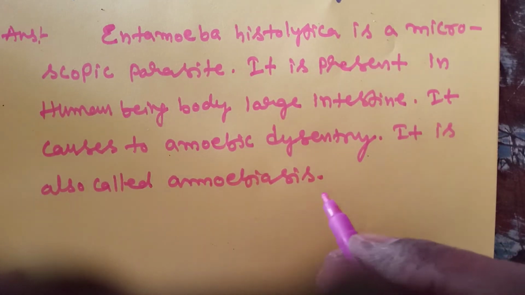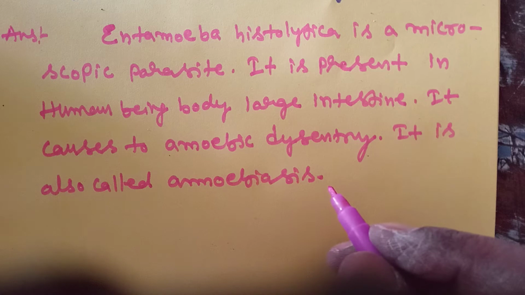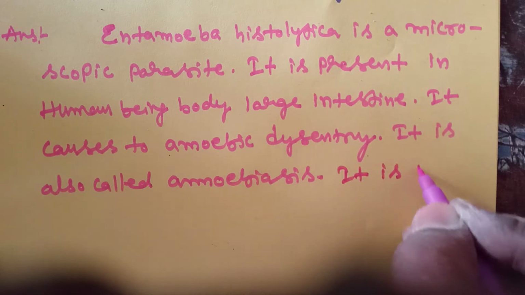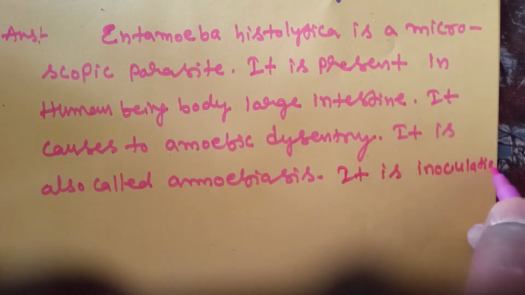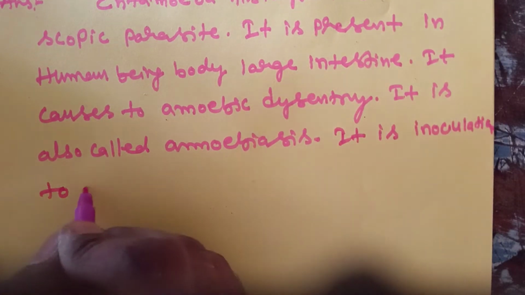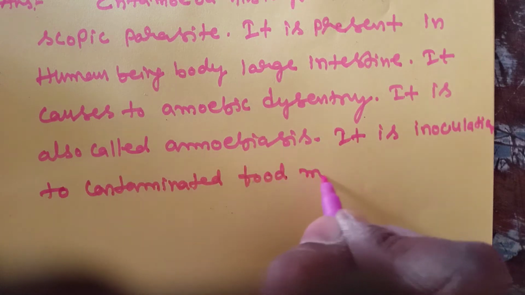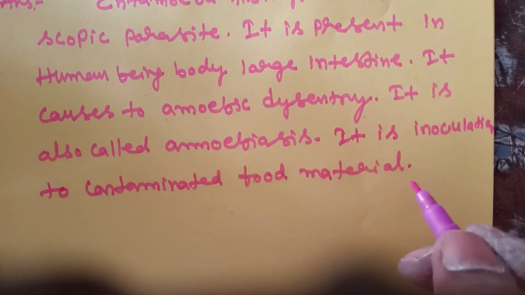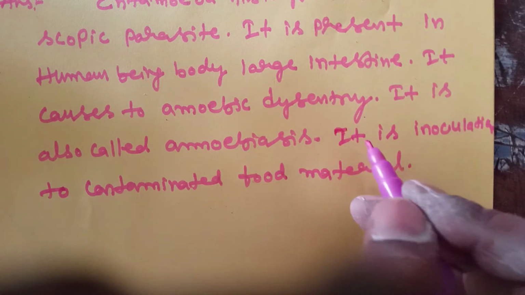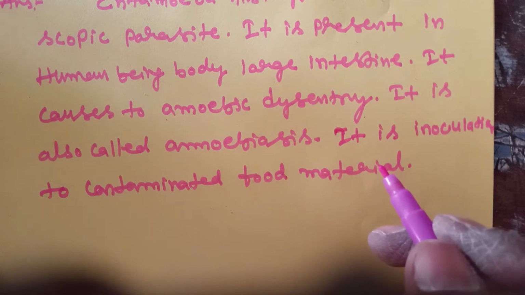Where the sanitary conditions are very poor, this parasite spreads and the disease can rapidly spread in that area. It is an infection by ingestion of contaminated food material. Where the sanitary conditions are not properly maintained, as in our municipality, mechanical vectors spread the infective stages.